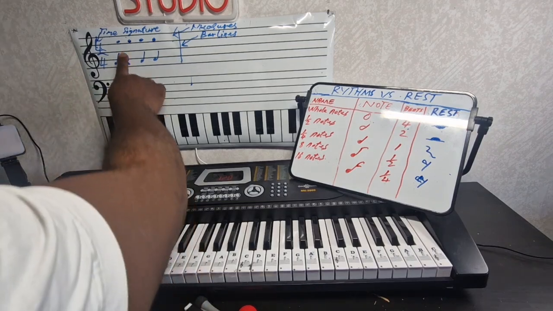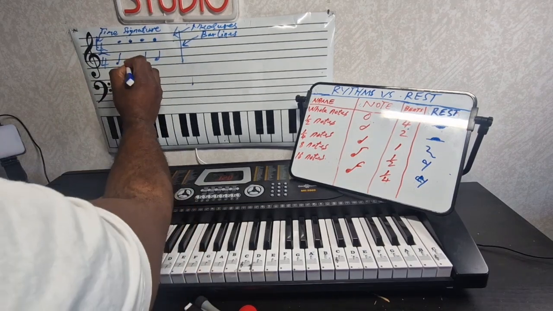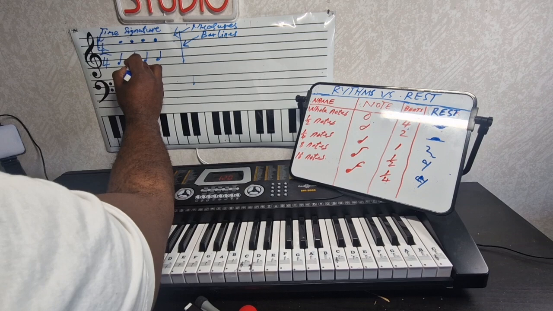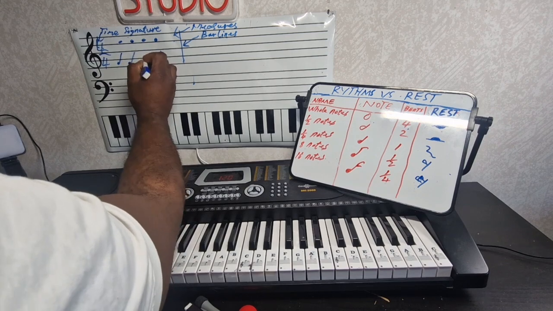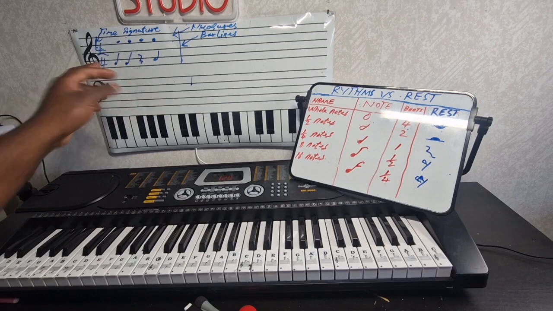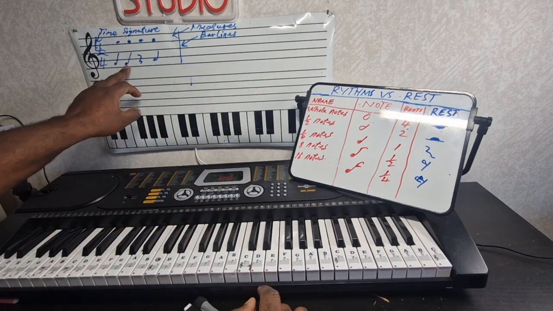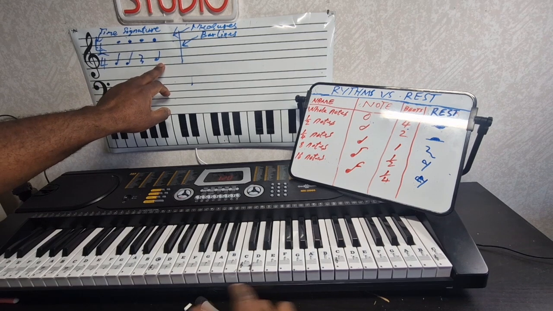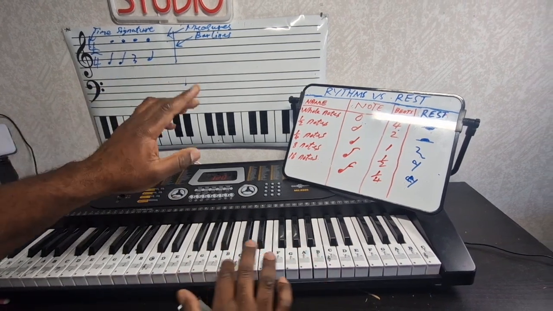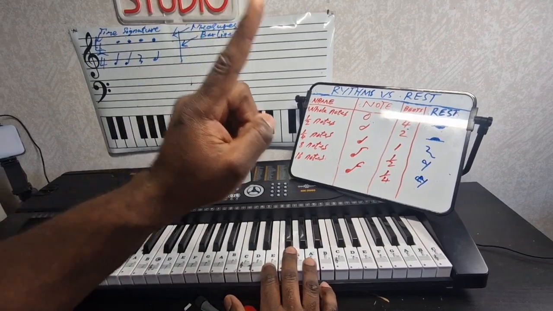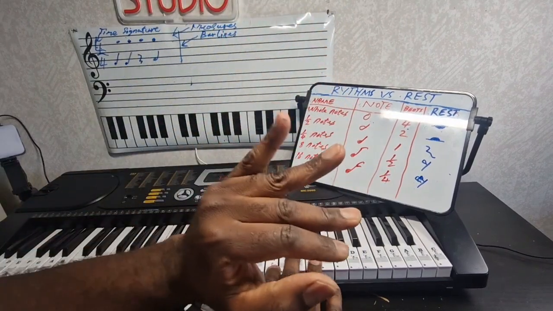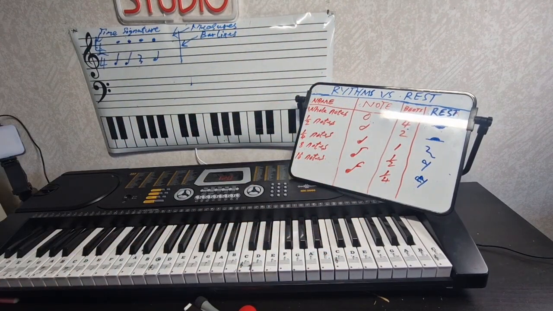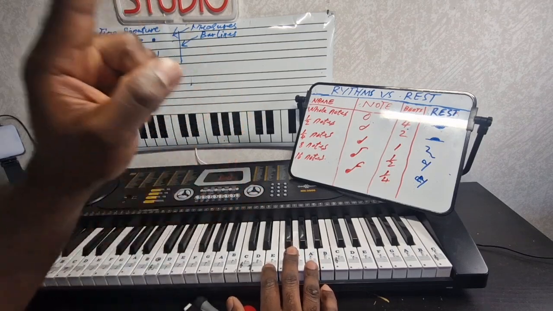What if they tell you that, okay? So it means you play 2 1/4 notes, you rest for 1 beat, and then you play the next 1/4 note, right? So let's do it. Did you get that?